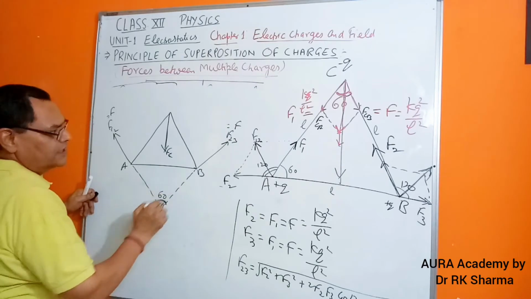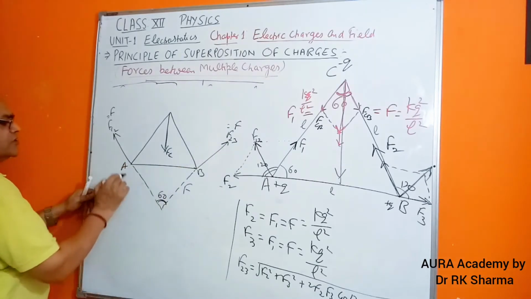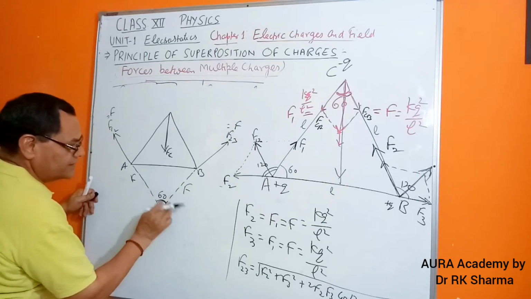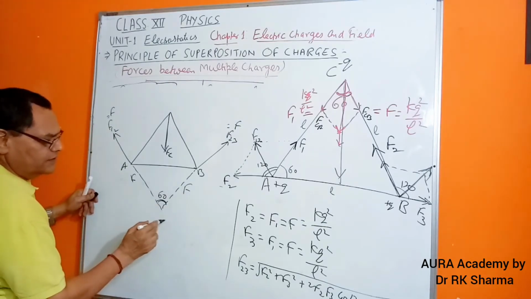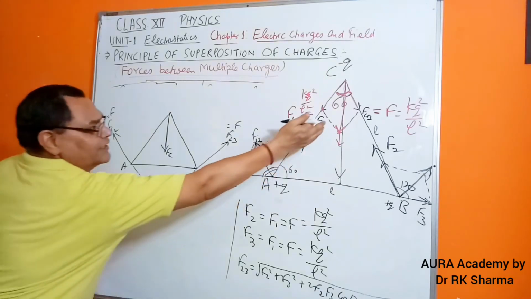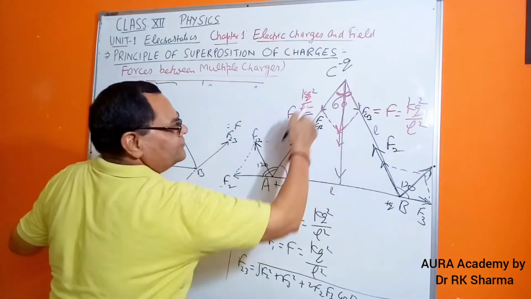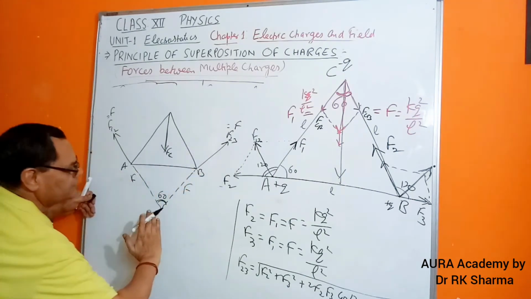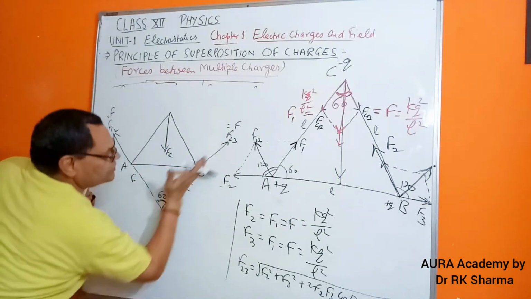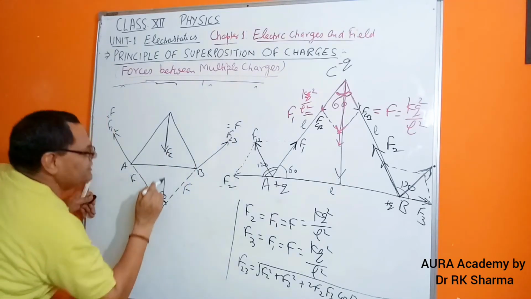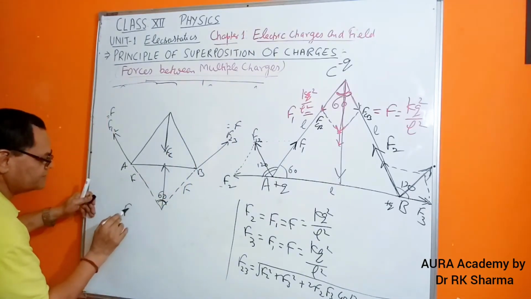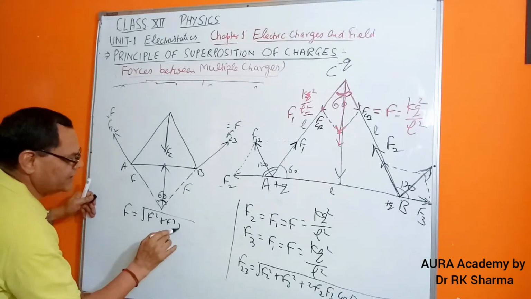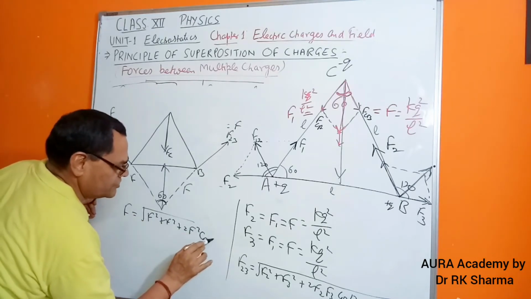And the overall force, how much was it? F. How much was it? F. So whenever two forces equal to F are at 60 degrees, what was the resultant? Just now we calculated it in this case: F, F and 60 degrees. So what I am trying to tell you is the resultant of the total force at A and the total force at B will be this, and this will be nothing but the root of f square plus f square plus 2 f square cos 60.